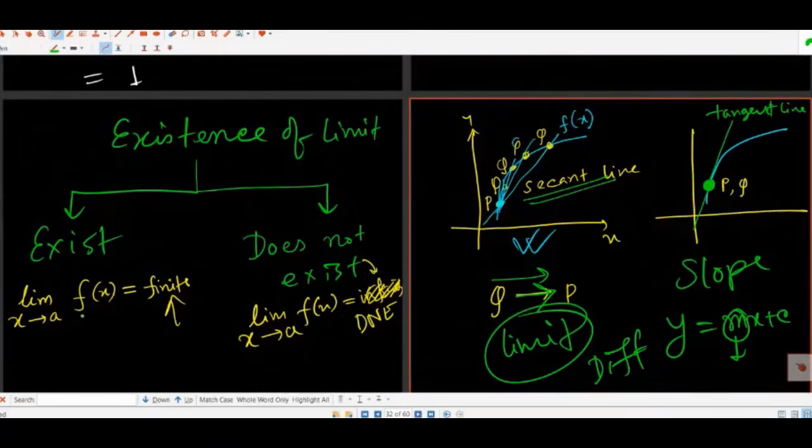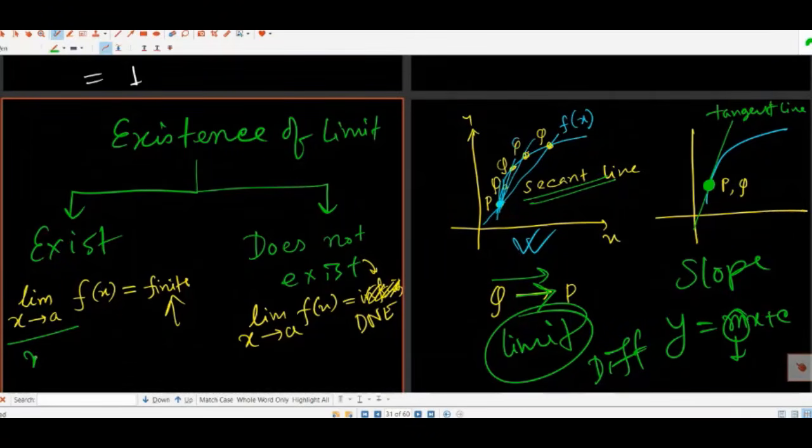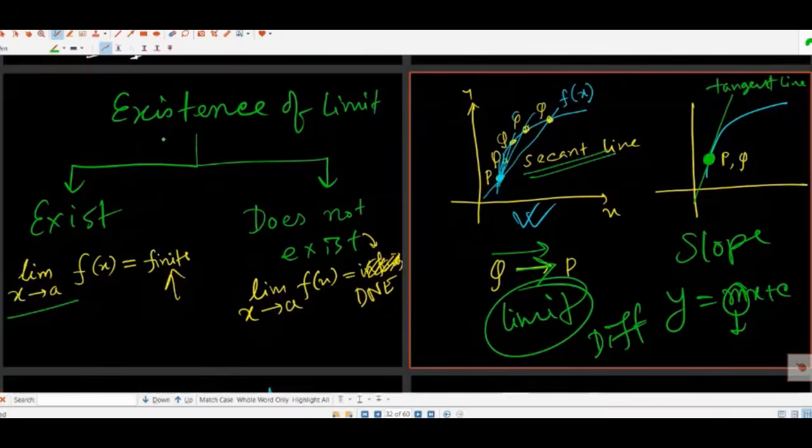Here x tends to a, or x approaches a, can be thought of as x approaches a plus and x approaches a minus. So let's come to this part, then you will understand the full criteria of existence of a limit.